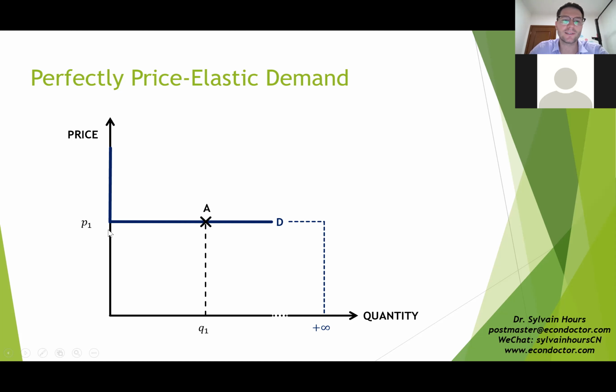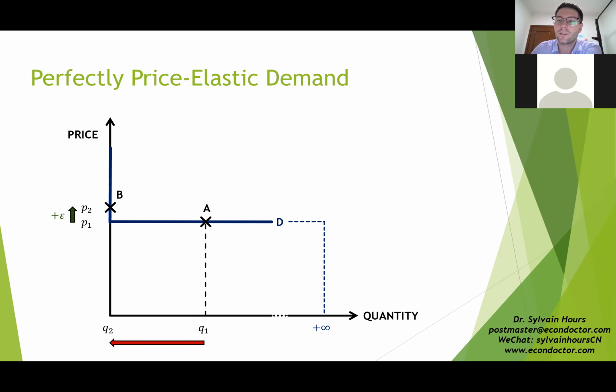So what if, let's say, the price is P1, and we could be anywhere, let's just say we are there at Q1. What if we increase the price a little bit? Plus epsilon means I just add 1 cent, the smallest possible unit of money. Then you see that, boom, the demand would just become 0.